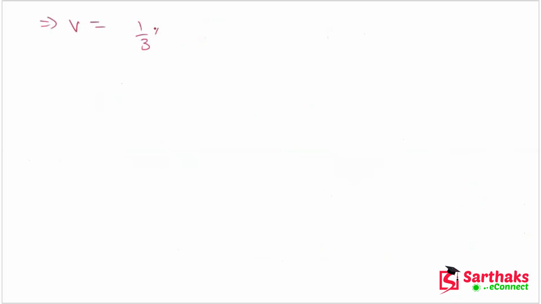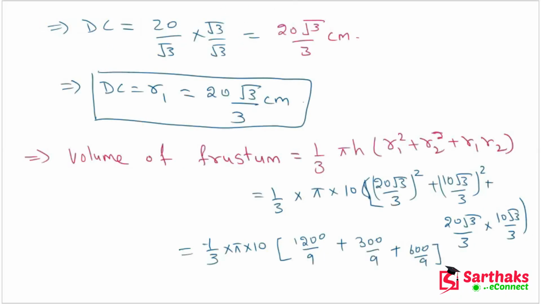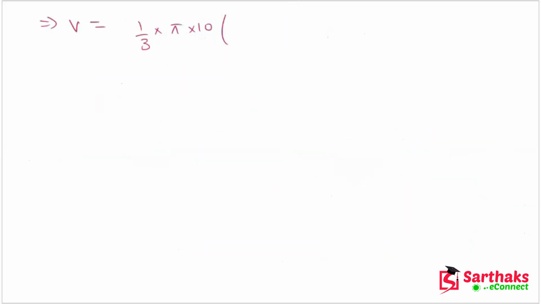Volume is 1 upon 3 into pi into the bracket: 1200 upon 9 plus 300 upon 9 plus 600 upon 9.